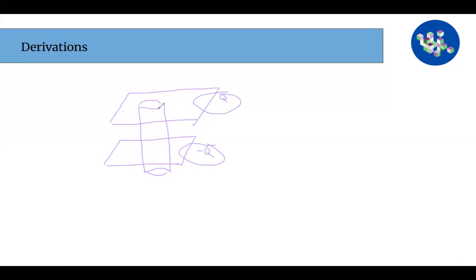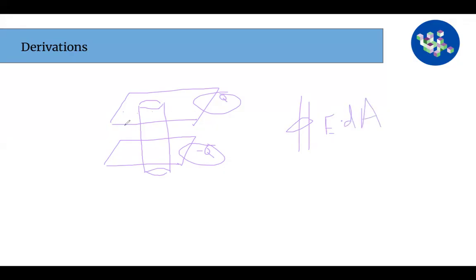That means there's no flux, so the integral of E dot dA should be zero, right?